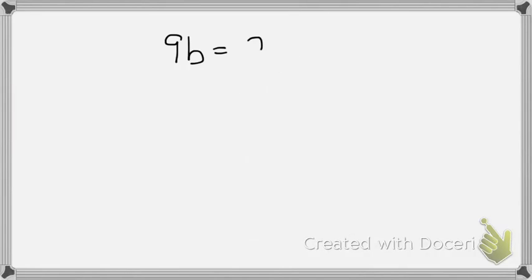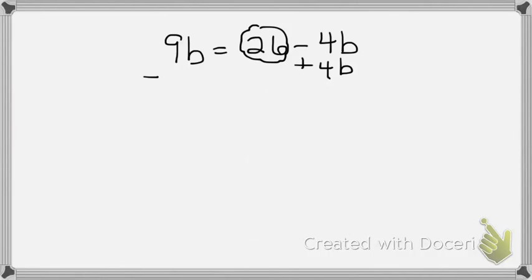9b equals 26 minus 4b. Okay, once again, you want to get 26 to be by itself. Kind of like seclude the mother-in-law and make her be by herself. And this time, it's the married couple that you're shifting over.